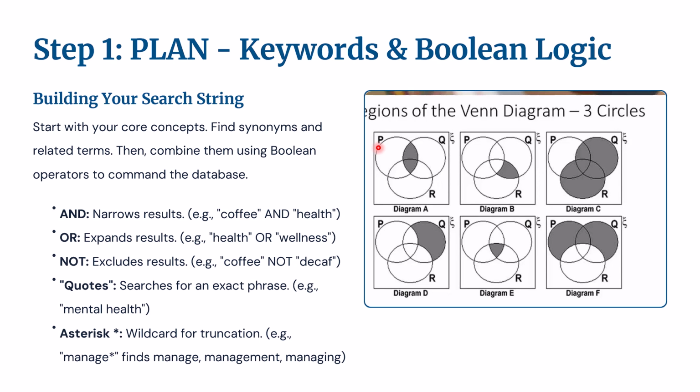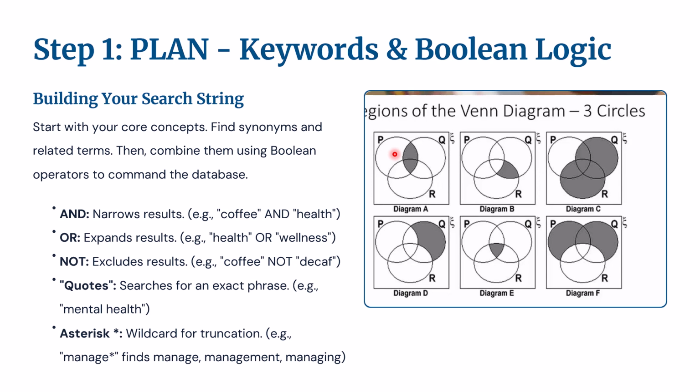That's why you're seeing here P and Q and R. So the Boolean logic and narrows the results.